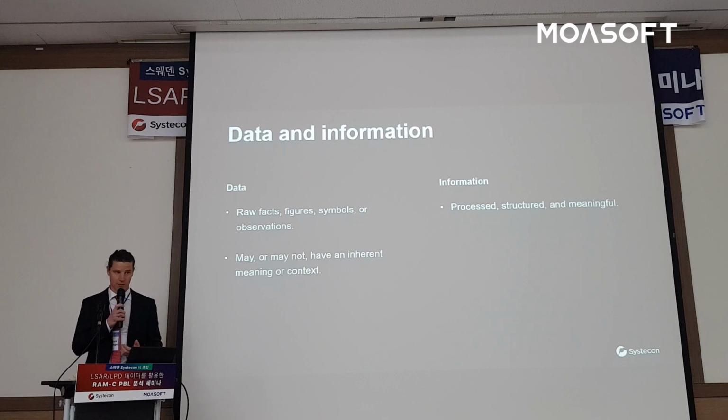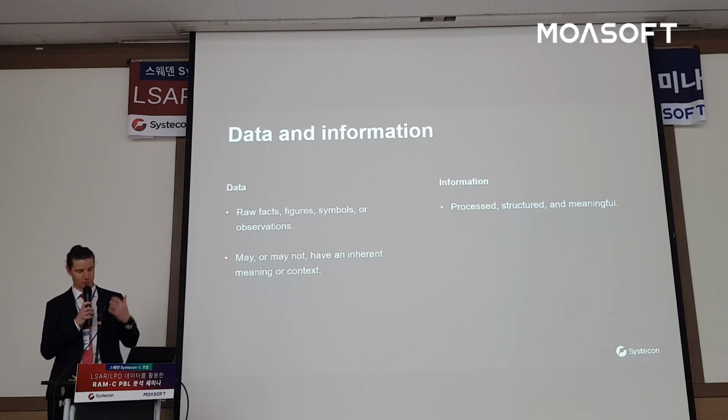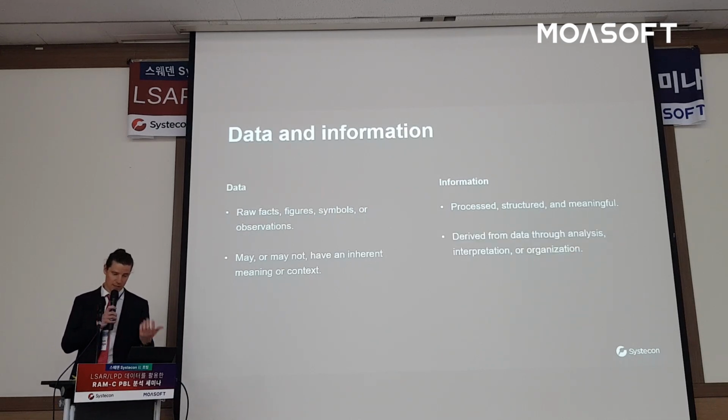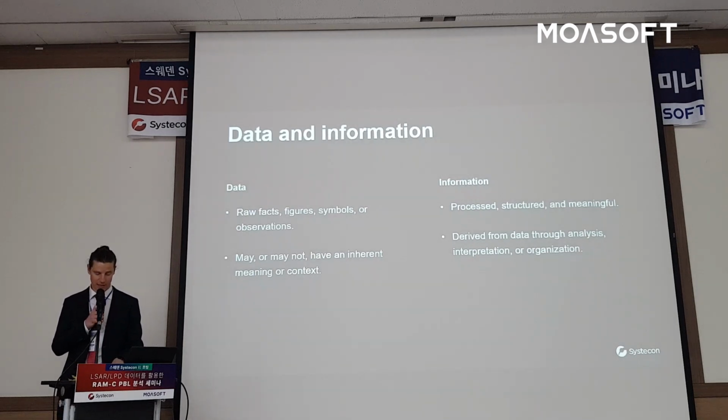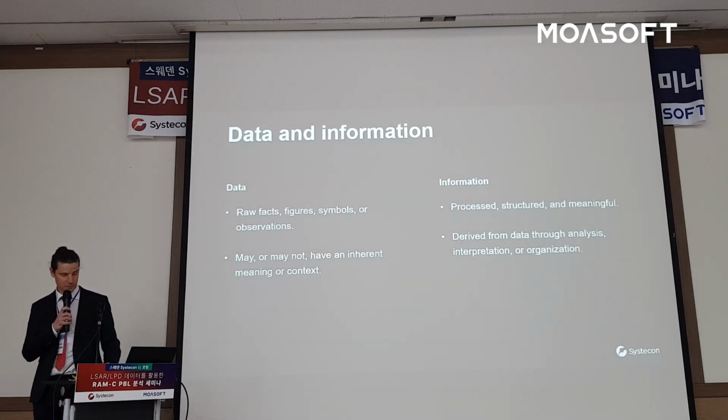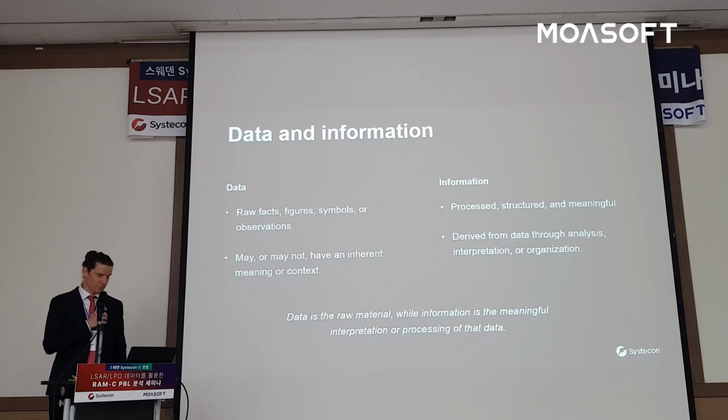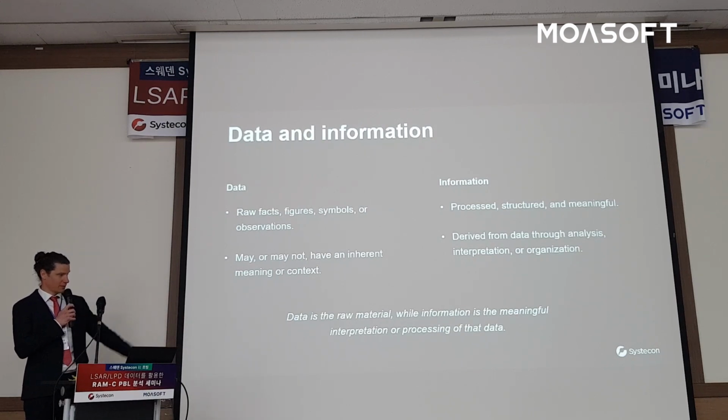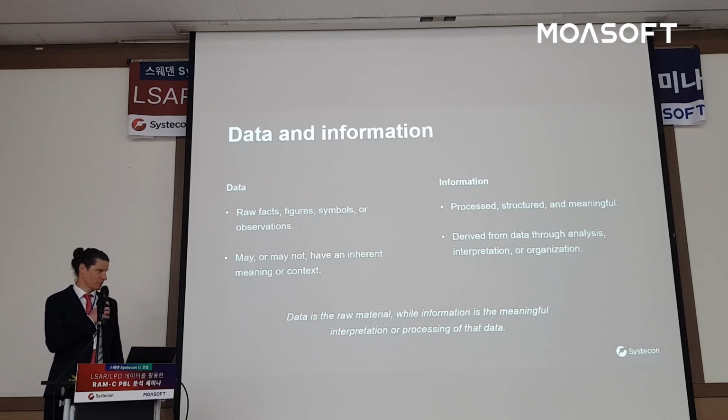While the information is in some way processed, we have used the data to process and structure it in a meaningful way. And typically, the information is derived from the data through some kind of analysis or interpretation. So, to summarize, data is the raw material, while information is the meaningful interpretation or processing of that data.